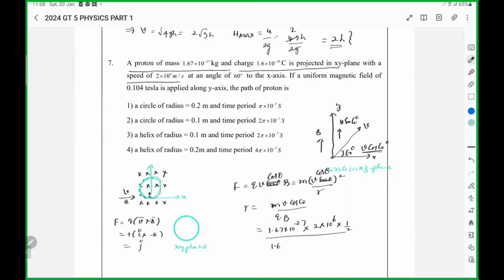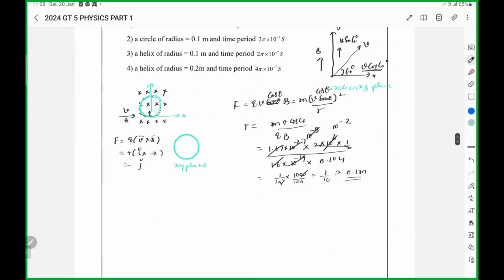Charge here is 1.6 into 10 power minus 19. So rough calculations I am doing, 10 power minus 8. It is 1 by 100 into 1000 by 10 power 4, roughly 1 by 10, so 0.1 meters.